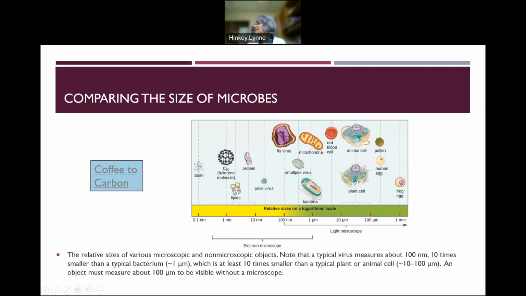Mitochondria are similar in size to many bacteria, and we'll talk about why that is in our next chapter. Then, as we can see, there's a range of viruses. We have a very small poliovirus, a flu virus, smallpox virus, but even the smallpox, one of our larger viruses, is smaller than a bacteria, almost half as large.